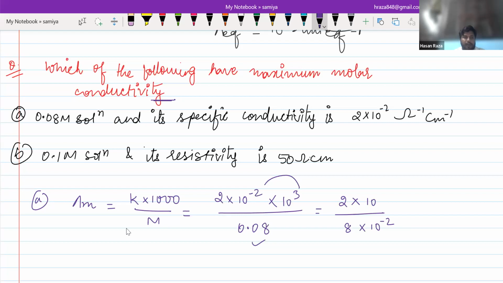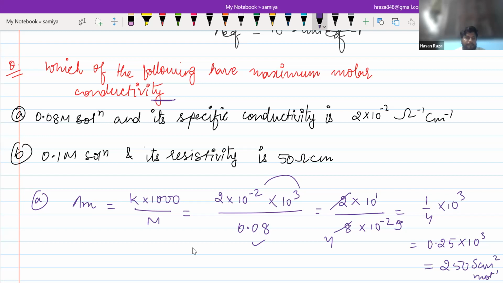The 4 cancels out, and moving it to the numerator it becomes positive, and here it will be 10 raised to the power 3. Solving again, 0.25 into 10 raised to the power 3 means 250 Siemens centimeter square per mole. Can I write it? It's normal calculation.